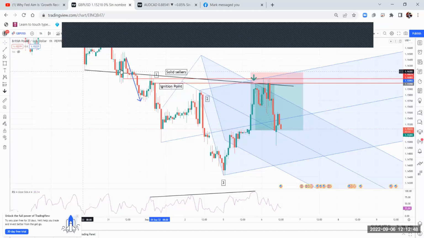Dynamic support and resistance line, that zoomed in our point. So here we have a confluence of techniques. We have the modified fork, we have the standard fork, we have the supply zone, we have the dynamic SR line.